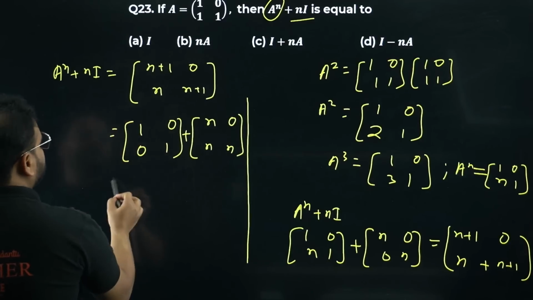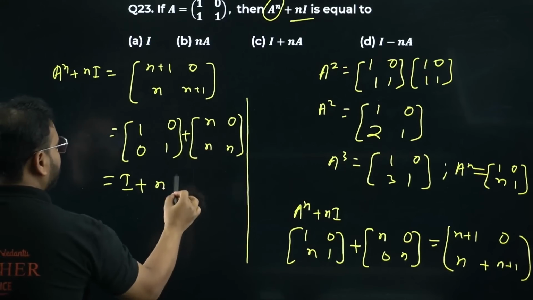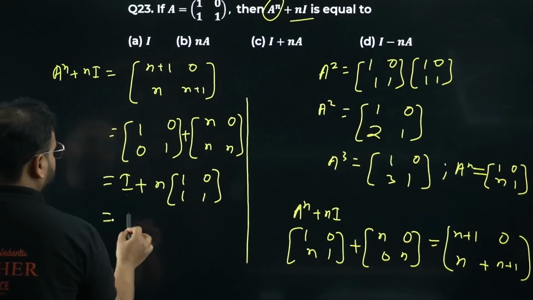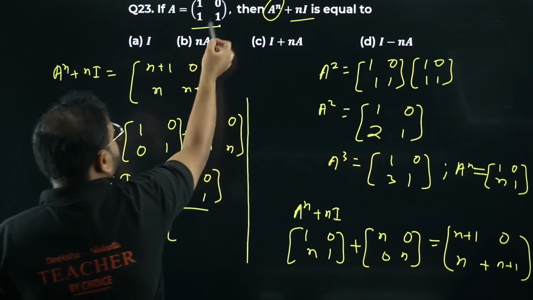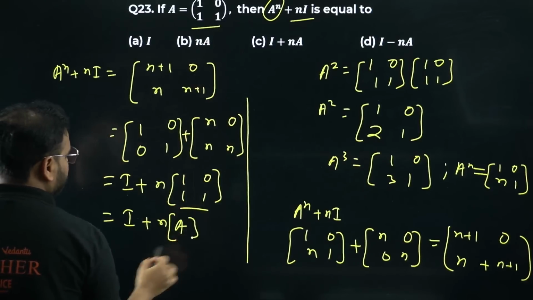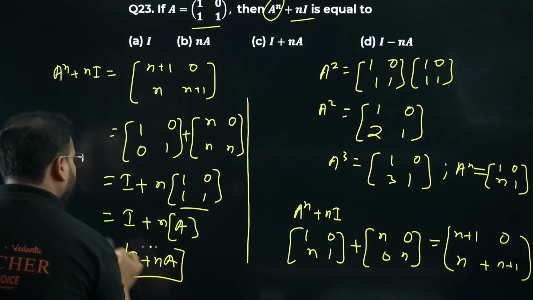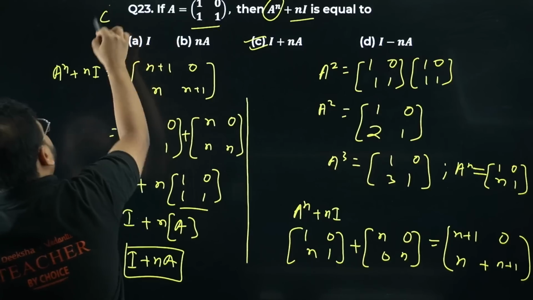Now I'm taking this I outside, it'll become I itself actually, and over here if you look, I can take n common. I'll have n common, it'll become [1, 0; 1, 1]. So n times this is nothing but A, right? [1, 0; 1, 1] is A. So what I'm getting is I plus nA. Option number C is correct.